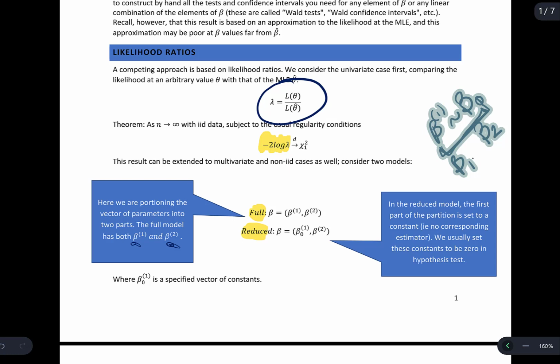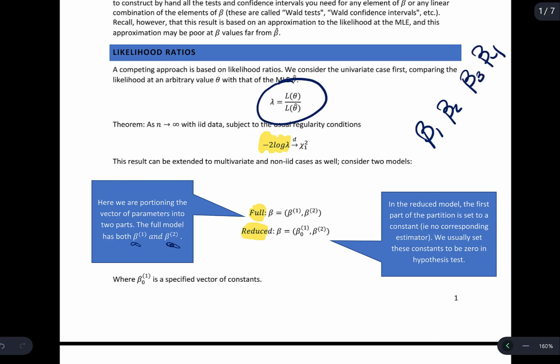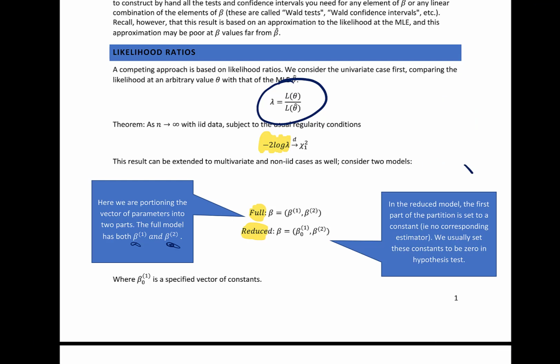We could think of it as that simple case, or we could also think of a model that has beta 1, beta 2, beta 3, beta 4, where we want the first 2 to comprise beta 1 and the second 2 to comprise beta 2. So the superscript provides us a little flexibility here. Now in the reduced model, the first part of the partition is going to be set to a constant.